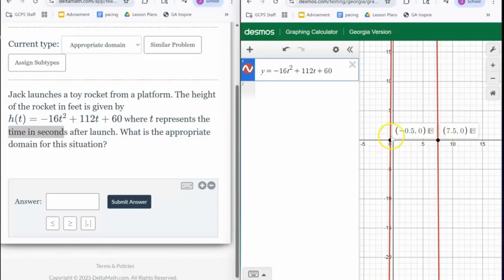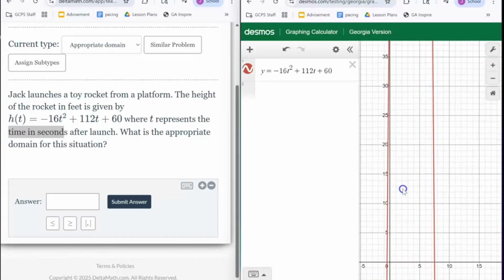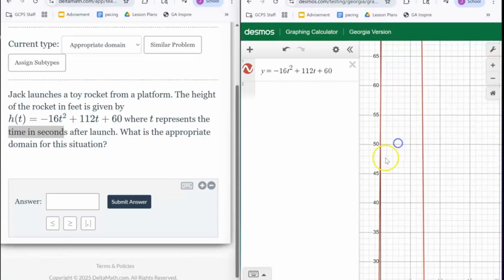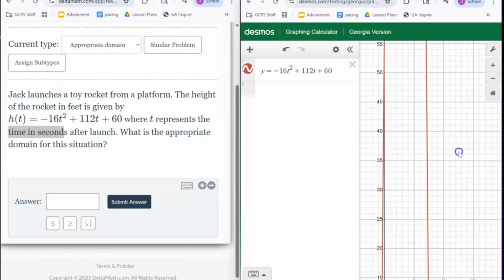So I do not count this. I have to start counting at the y-intercept, which is really hard to see with this. But if you click in here, it should have a dot appear. Wait, there it is. So if you're not zooming out or in, you click in here and then you click the dot that appears for the y-intercept. So that's where I start, at 0, time is 0. And where do I stop?